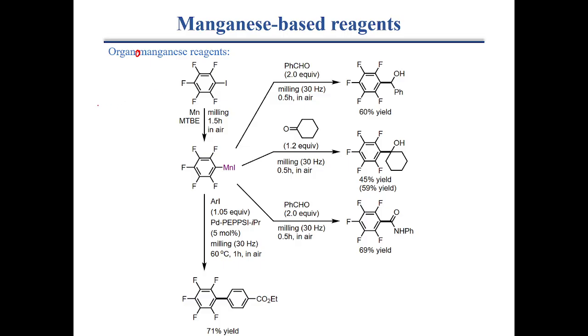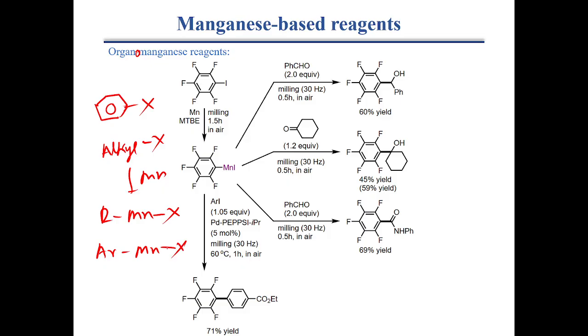Any kind of organic halide or alkyl halide, treated with the manganese, gives this manganese reagent, RMnX or ArMnX. So manganese in an ether solvent, giving this allylated manganese iodide product.